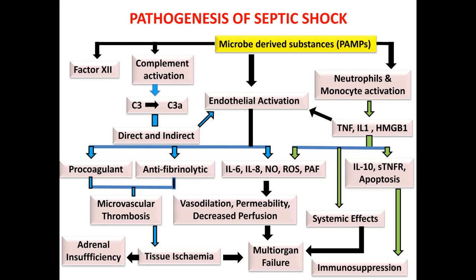Then we follow that these microbial derived substances lead to endothelial activation, resulting in release of interleukin 6, interleukin 8, nitric oxide, reactive oxygen species, and platelet activating factor, which all lead to vasodilatation, increased permeability, decreased tissue perfusion, all this shown by black arrow, and ultimately multi-organ failure.